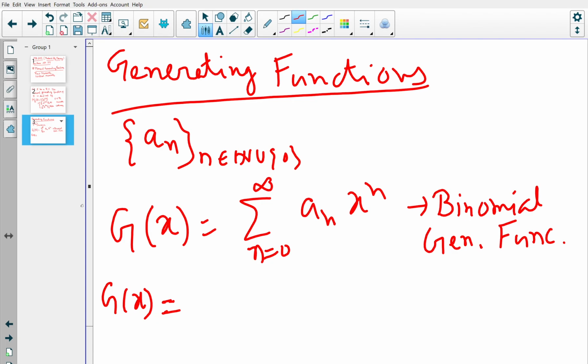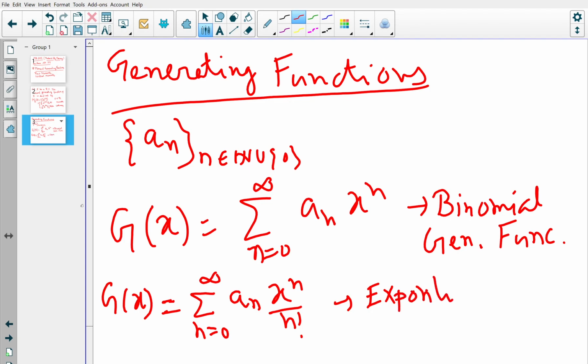The exponential generating function is the sum over n from 0 to infinity of a_n x power n divided by n factorial.